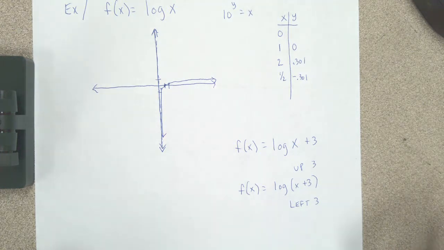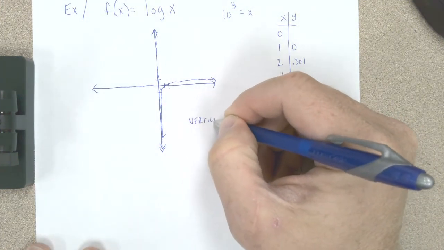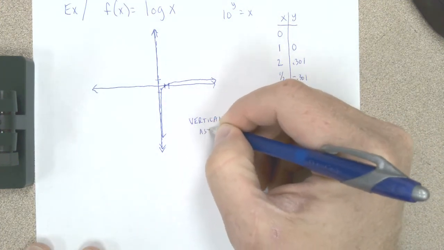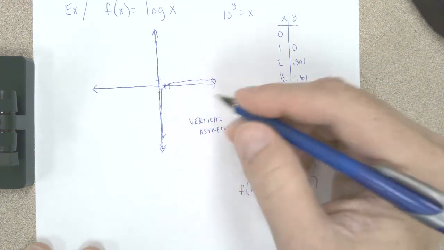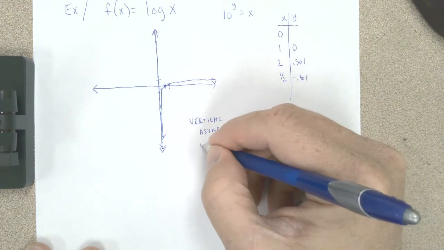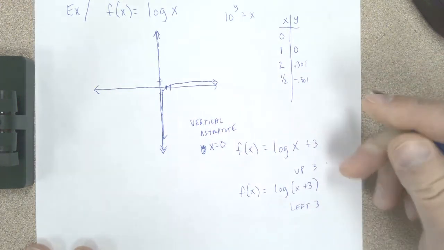Main thing you want to remember with logs is that we do have vertical asymptotes, or an asymptote, and again, in the original curve, it's going to be at not y equals, it's going to be at x equals 0.